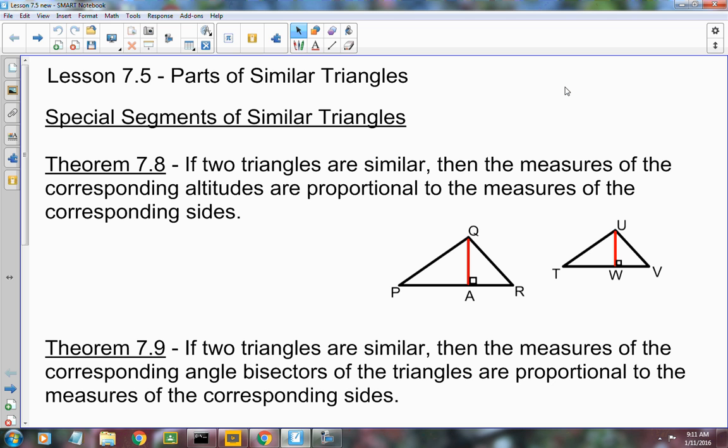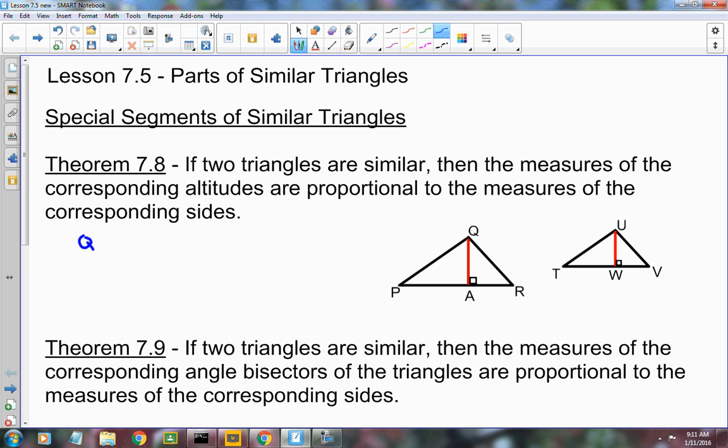Now, these special segments we talked about in a previous chapter, back before Christmas. And what are these little red segments right here in regard to the triangle? It's the altitude or the height, right? Okay, so if two triangles are similar, then the measure of the corresponding altitudes are proportional to the measure of the corresponding sides. So if these two triangles are similar, then these altitudes are proportional to any of the corresponding sides.